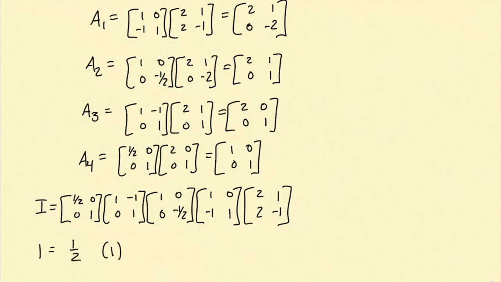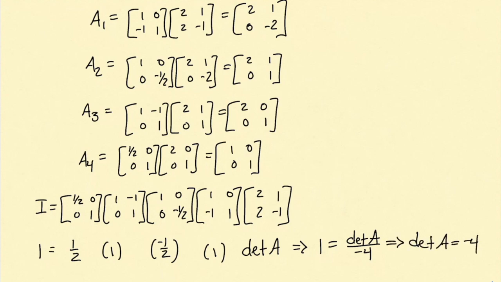The second one has determinant 1. The third one has determinant -1/2. The fourth one has determinant 1. And the last factor has determinant equal to the determinant of A. Multiplying the right-hand side together, we see that 1 is equal to the determinant of A divided by -4. So if we multiply both sides by -4, we get that the determinant of A is -4.